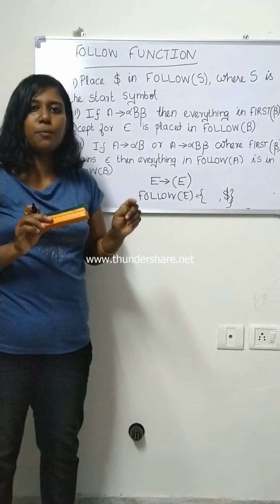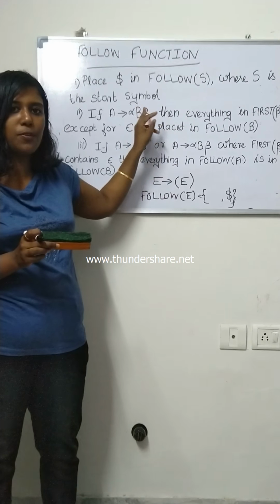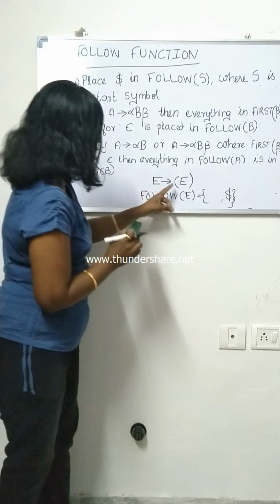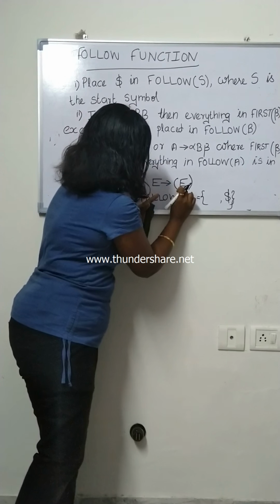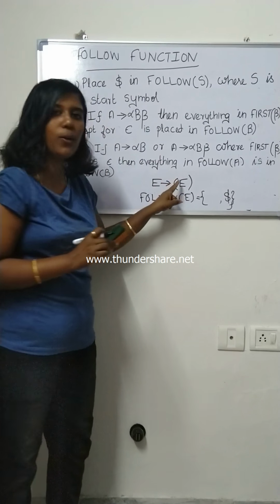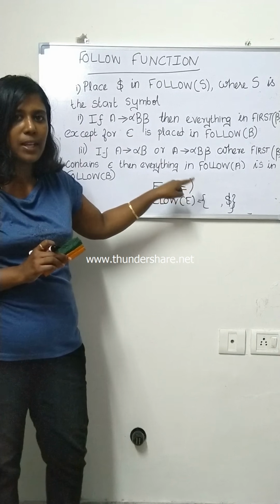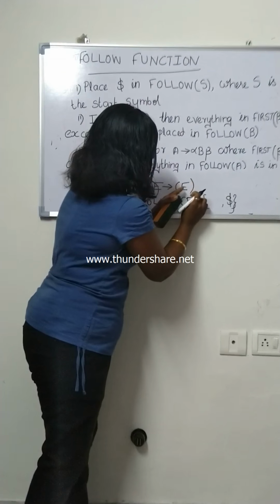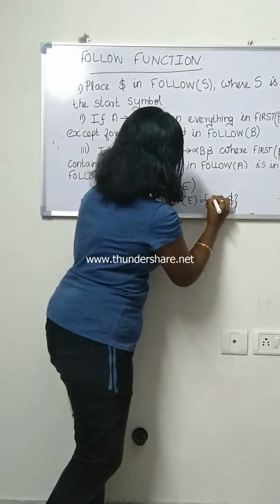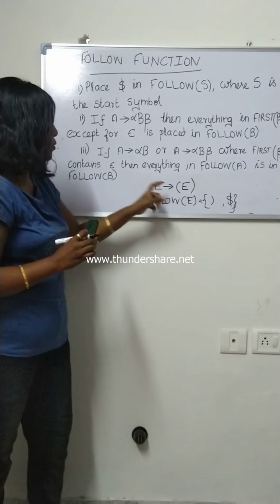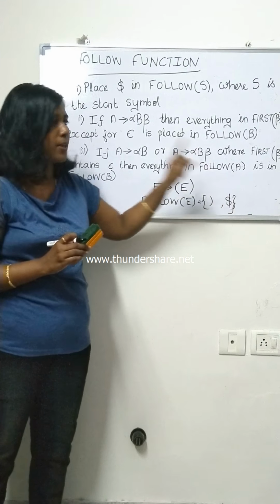If there is no null value in first of beta, we write whatever is in first of beta. Now in this case, E derives open parenthesis E close parenthesis, and E is followed by close parenthesis, which is a terminal. So first of close parenthesis is equal to close parenthesis. So I am writing this close parenthesis. So follow of E is equal to close parenthesis, comma, dollar.